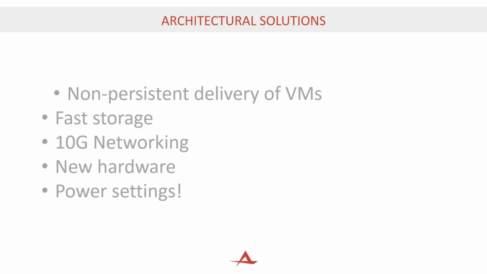And I know this slide is saying spend loads of money, but try and figure out where the bang for the buck is, and new hardware will give you a massive bang for your buck. The free one, almost free, is to make sure your power settings in your BIOS and your hypervisor are set to max performance. It makes a huge difference to your user experience in VDI.